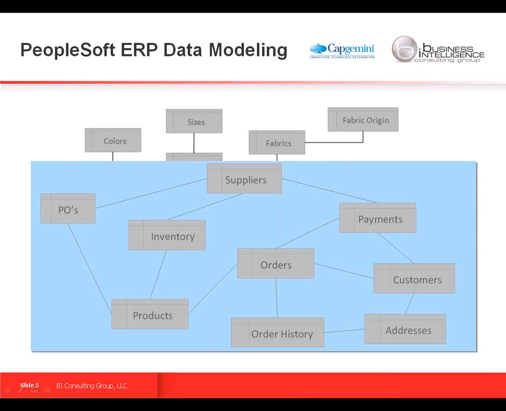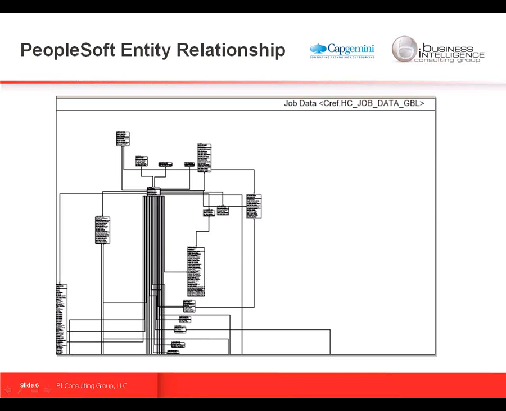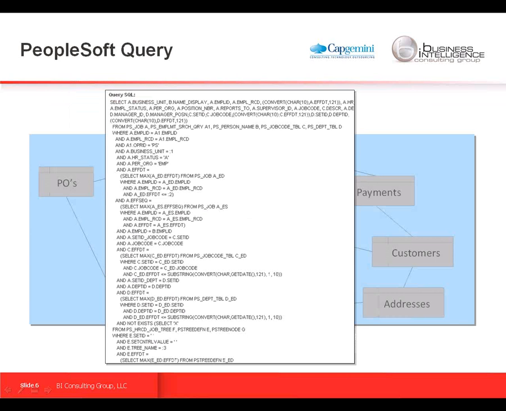If we're lucky and have a big monitor, we can actually make some sense out of the PeopleSoft entity relationship diagrams that Oracle provides to show those relationships. Basically, the result from a reporting perspective is the kind of query SQL that gets generated by the PeopleSoft query tool or other reporting tools.